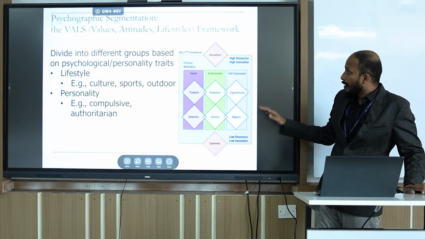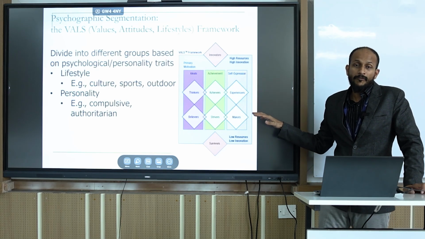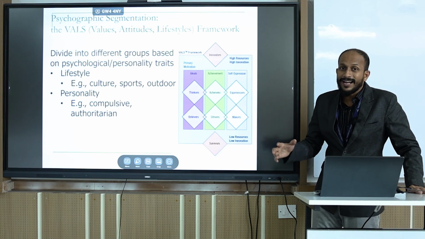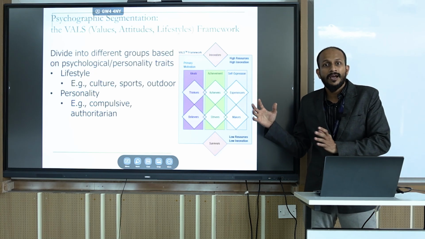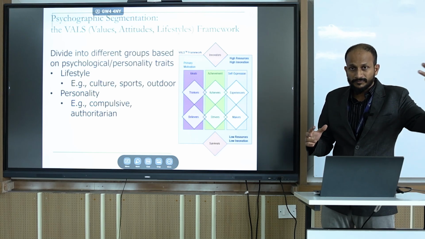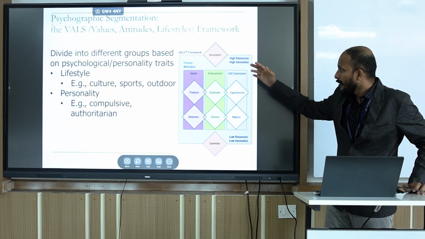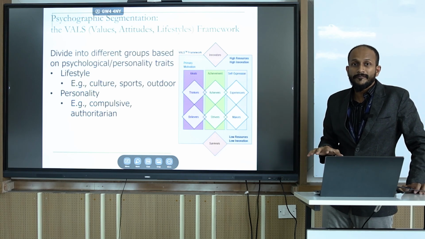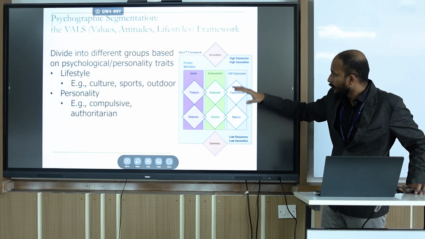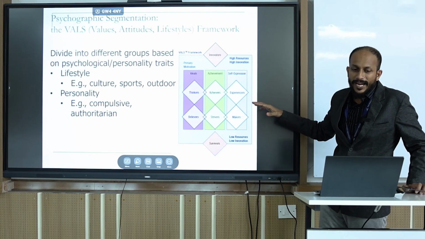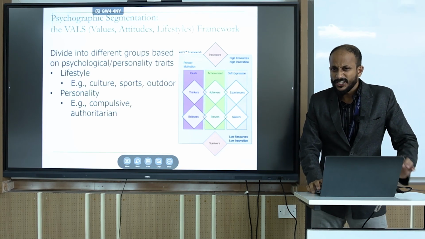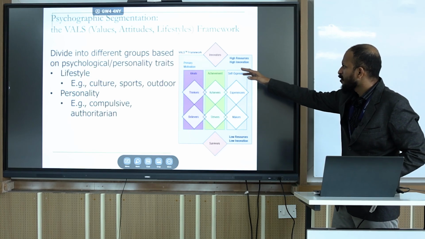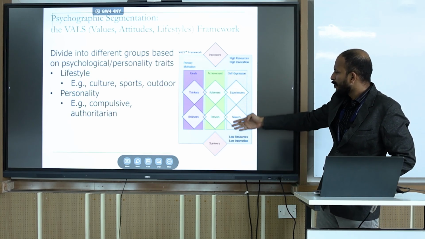Based on this kind of psychographic profile, we have a classification we call VALS. This has been proposed by a company called Boston Group, where they have divided people into 8 different types of psychographic segmentation. You can just have a look at it. We can't get into all these categories in a very short lecture, but I can focus on 2 categories, innovators and survivors.